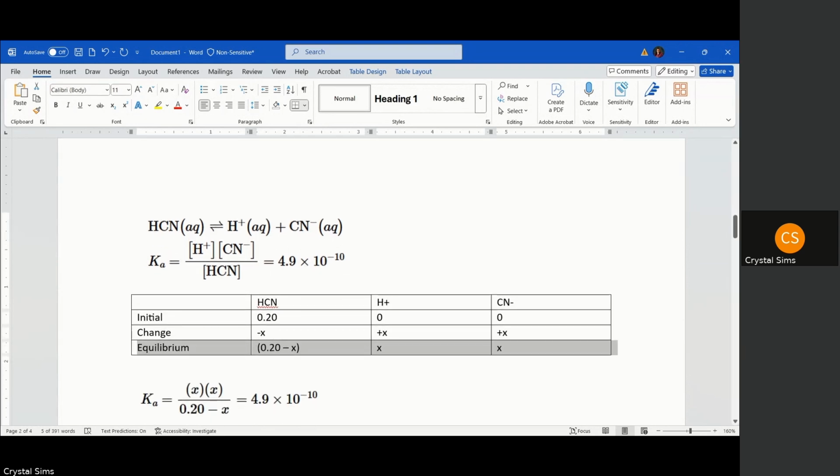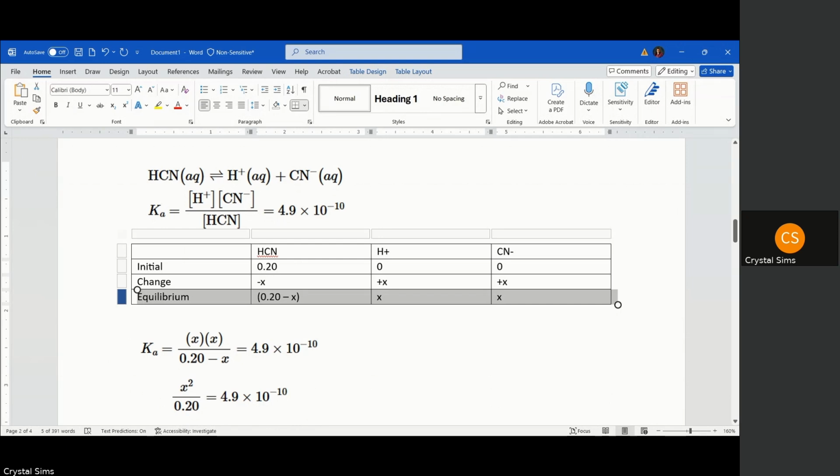And that's what I have here. So I've got my hydrogen ion concentration, the cyanide ion concentration, and then my acid concentration there. And I know that that's equal to 4.9 times 10 to the negative 10. I looked that up in Appendix D.